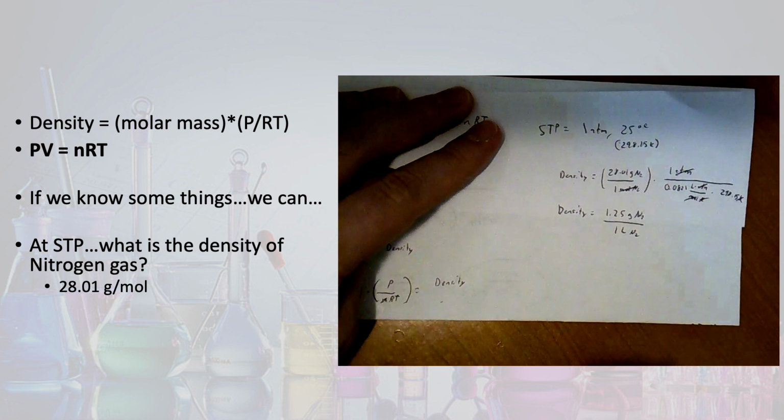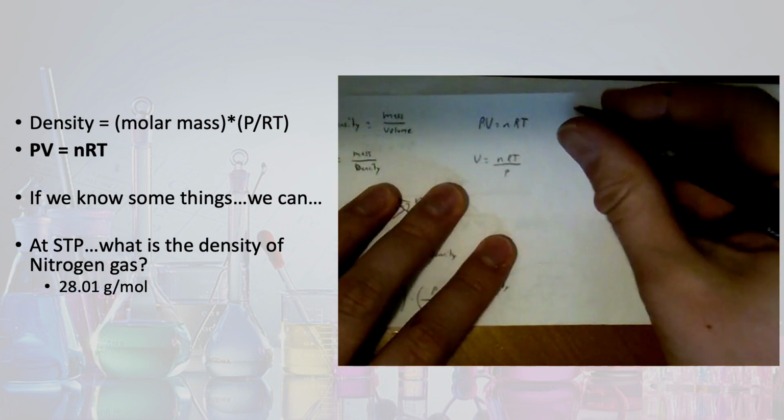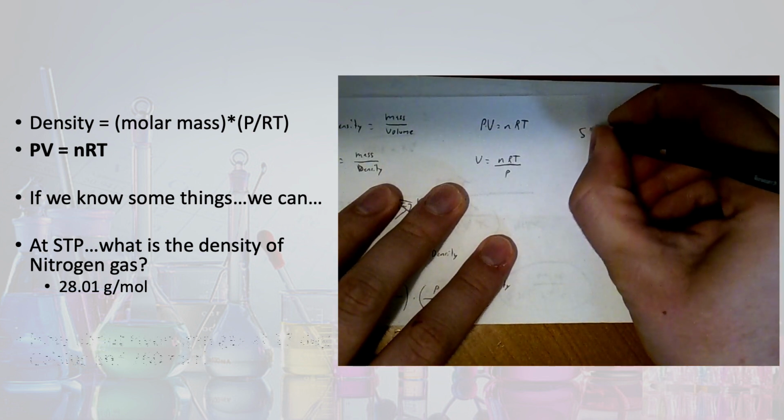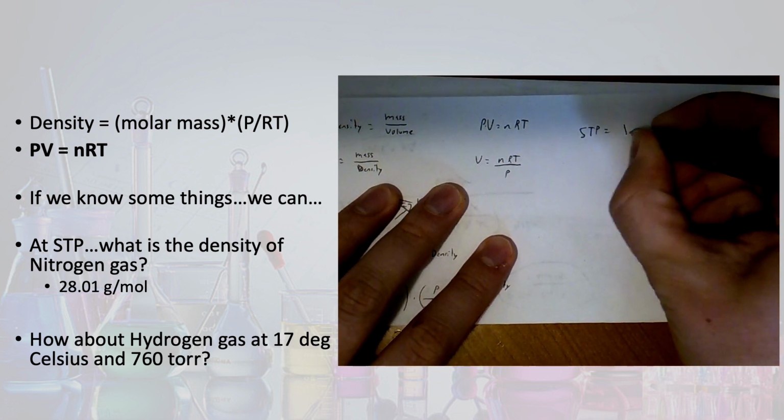I skipped over the part where the moles cancel, but we have a denominator of a denominator that's going to cancel out with the denominator of our numerator over here. Okay. So how about if we try this for hydrogen gas at 17 degrees Celsius and 760 torr, right?